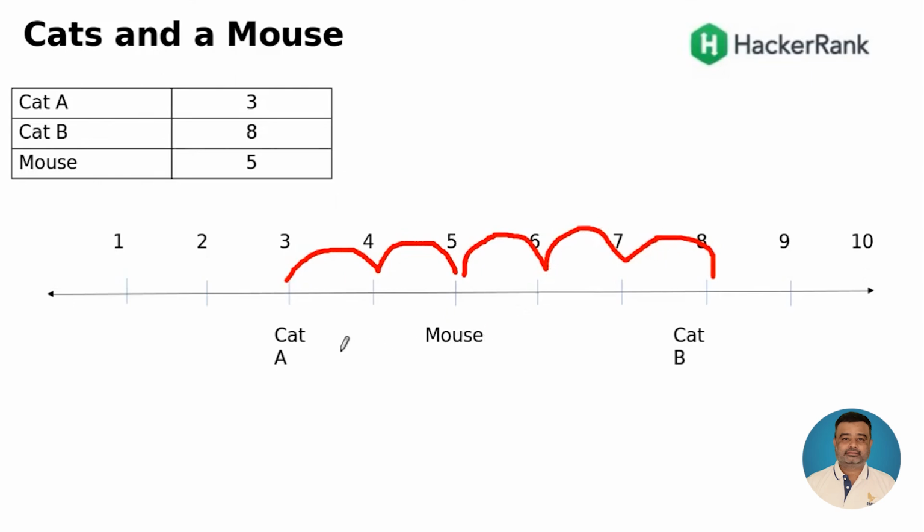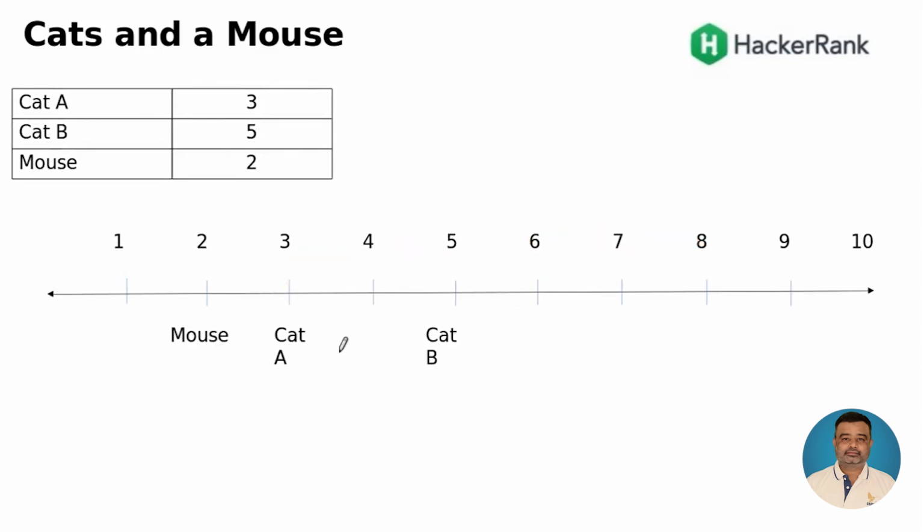So cat A is the winner. Now in this case you can observe both the cats move in the backward direction because the mouse is at the first position. So this will also move here. It takes 1 unit of time to reach, but this one takes 1, 2 and then 3. So cat A is again the winner. I hope the problem is understood.